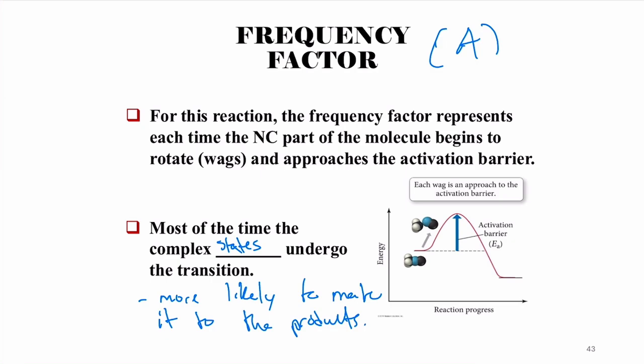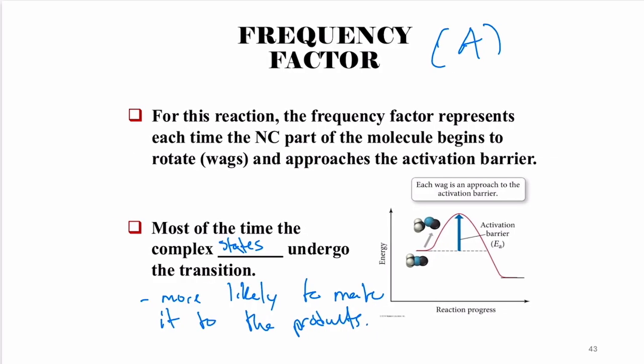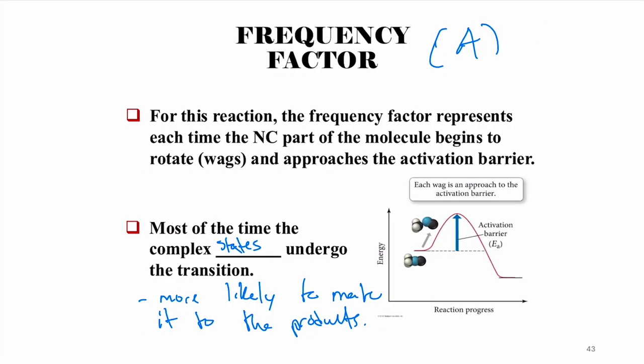And again, here we have a physical process where you're just rotating two of the atoms in the molecule, but that can be represented as a reaction, right? And so that's kind of how we interpret the frequency factor.